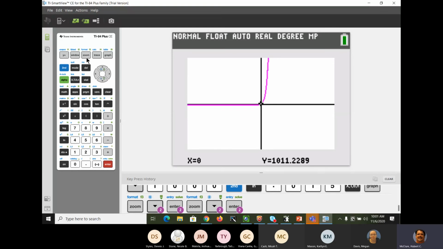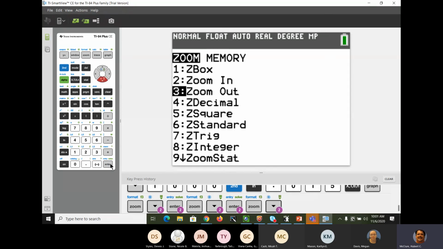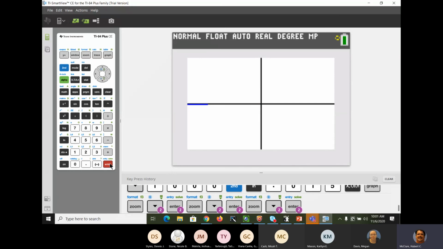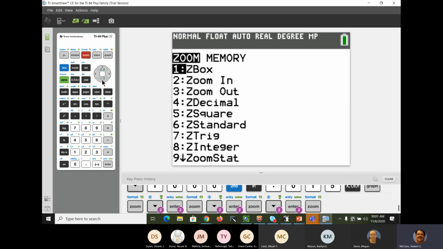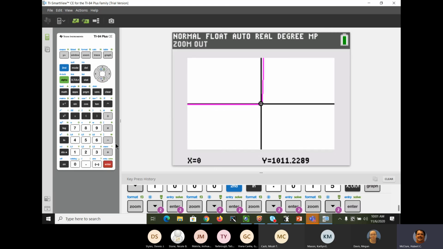I'm going to keep on zooming, and I'm going to keep on being quiet until somebody says something. What do you notice about the two? They're both the same. They're about equal. Yes, not exactly equal, but they're about equal. In other words, they're very, very similar. In fact, even if I zoomed out one more time, you still wouldn't be able to see the difference between the two. See? You still can't see it. There's just a minute difference between the two formulas.